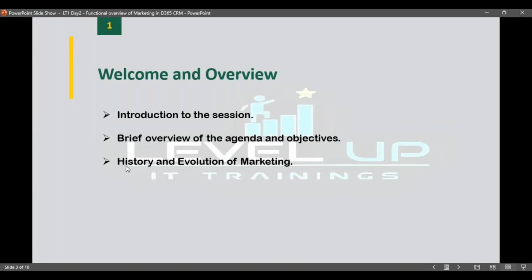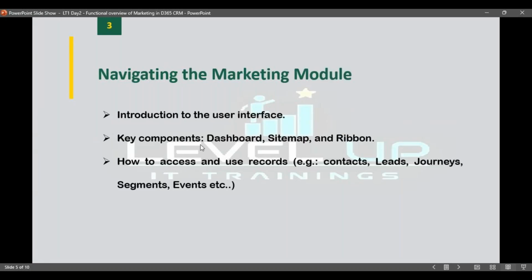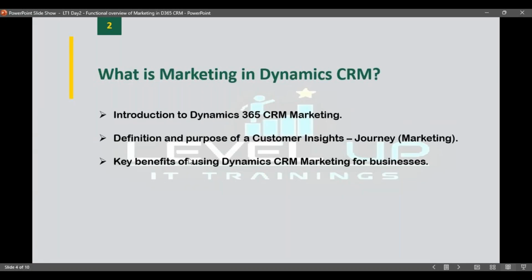Then, the history and evolution of marketing. Recently, maybe in the last two or three months, Microsoft has renamed the marketing module as Customer Insights Journeys. Previously we used to have the marketing module, and under it we had outbound marketing and real-time marketing.